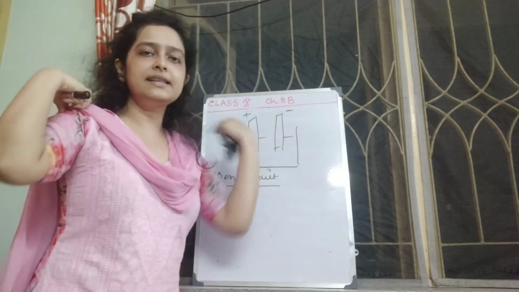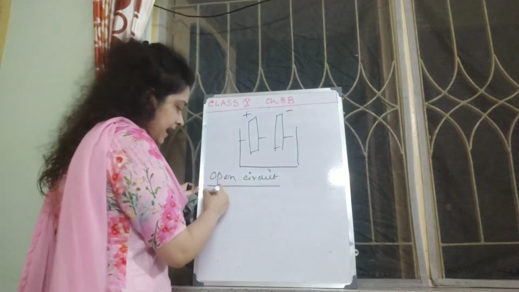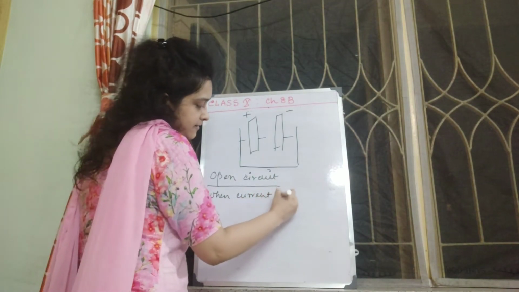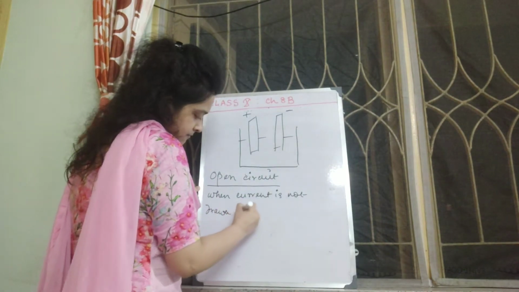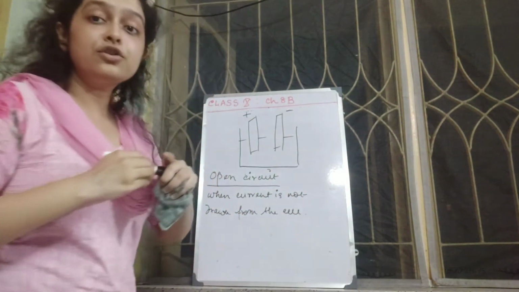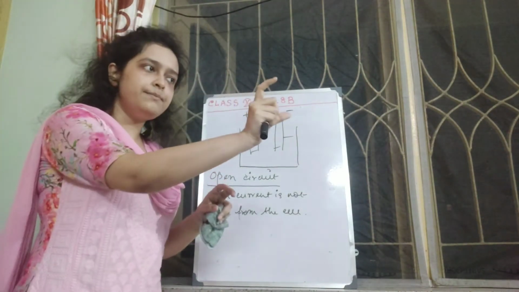What is open circuit? That means when we are not drawing any current from the cell. When current is not drawn from the cell, we are not drawing current from the cell now.